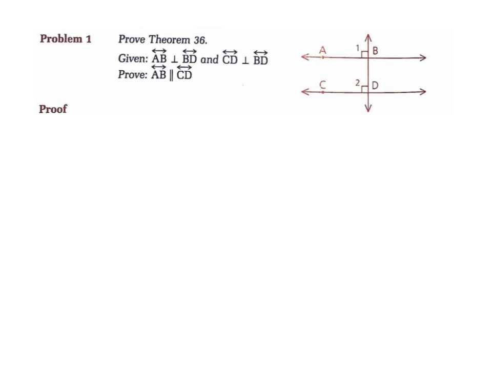We're going to start by just writing our given information. The first statement: AB is perpendicular to BD. That's given. And because it's perpendicular, I know that this angle is a right angle. I'm going to state that right away.